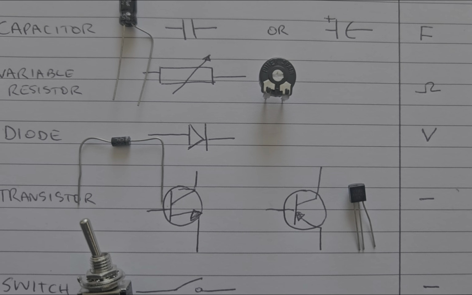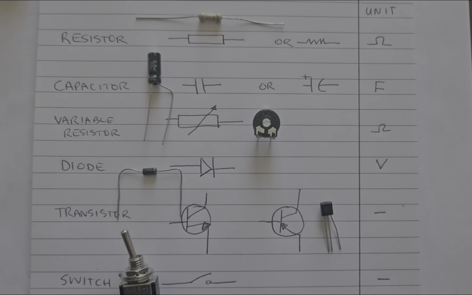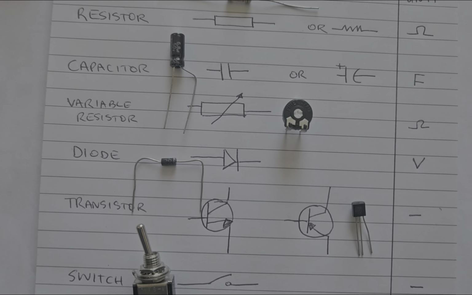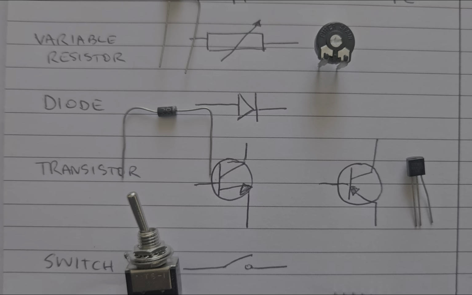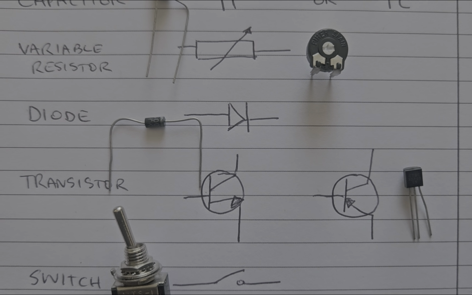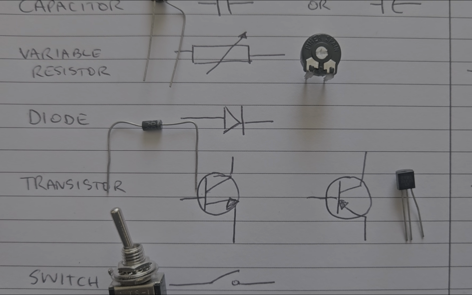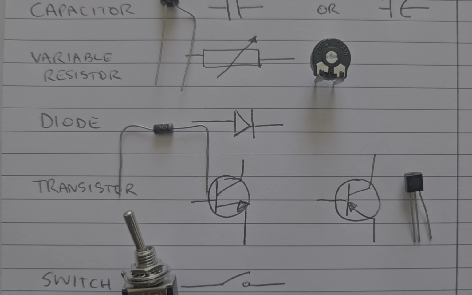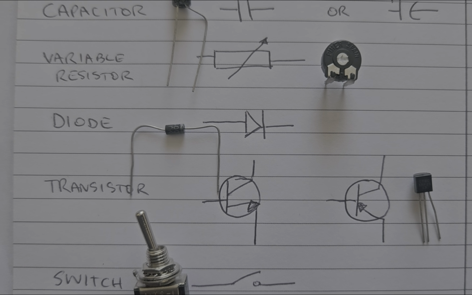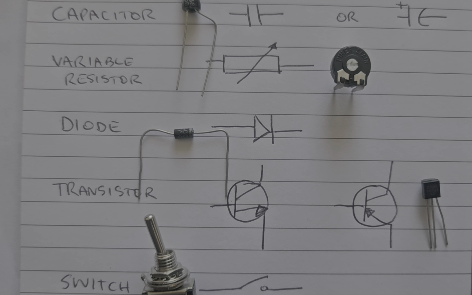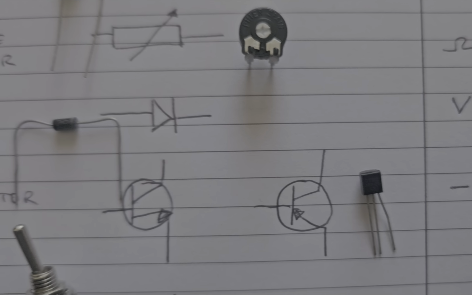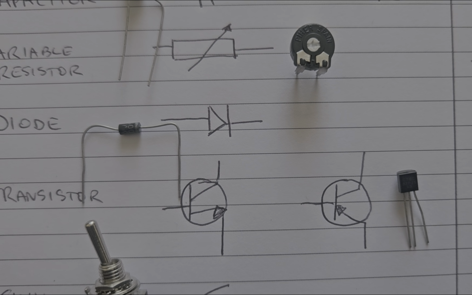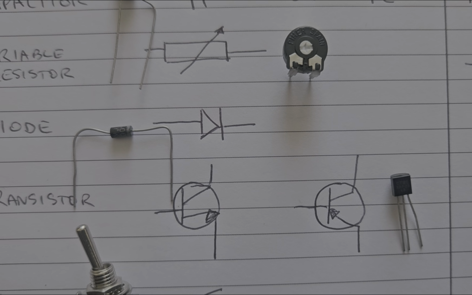The fifth component on my picture here is a transistor. Here's a transistor. It's got 3 legs, as you can see. You get basically 2 types of transistors, an NPN transistor and a PNP transistor. But NPN and PNP just speak to the type of material used to manufacture the transistor. The 3 legs on a normal bipolar transistor are the base, collector, and emitter.